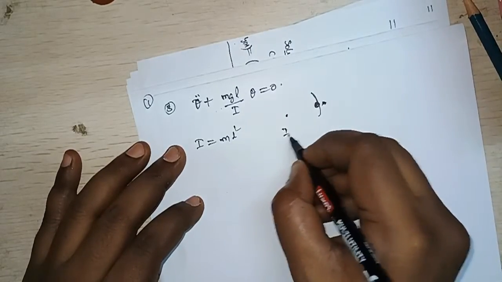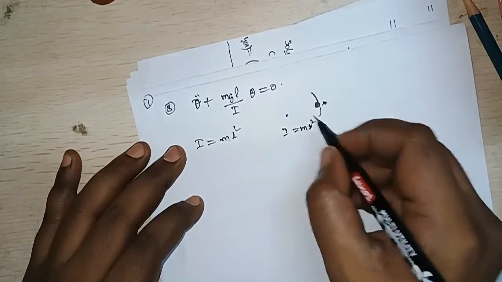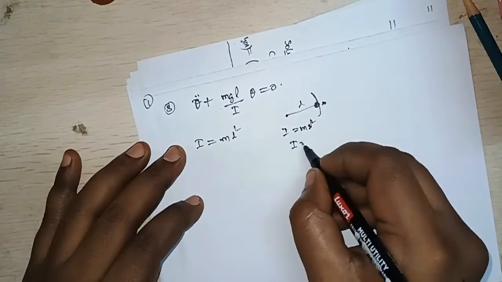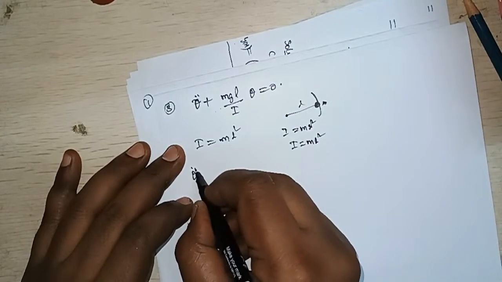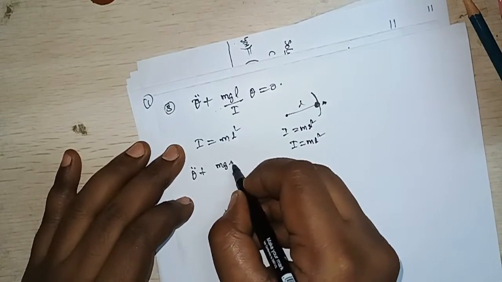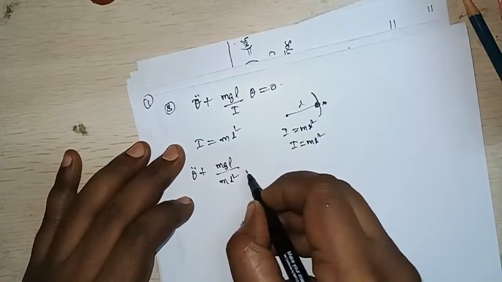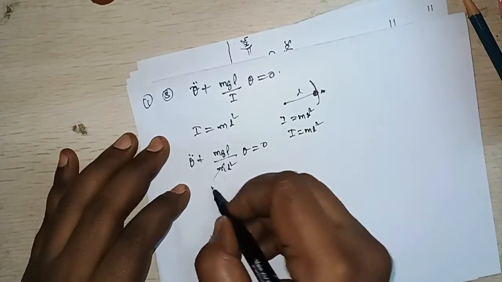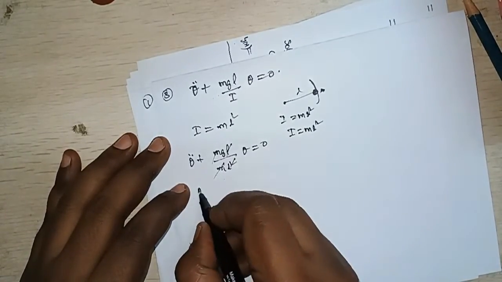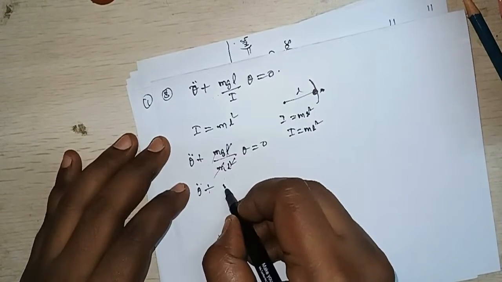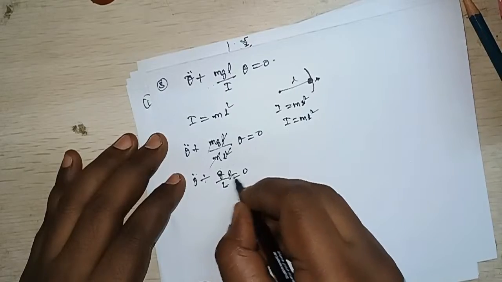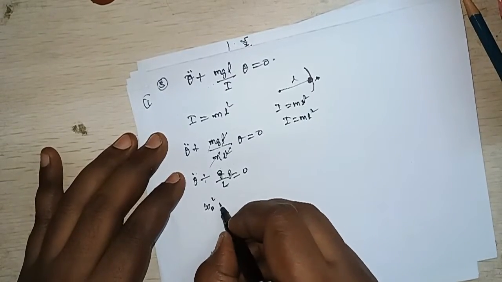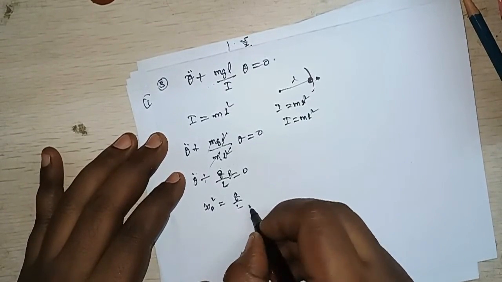So I is equal to mr square, which over here in our case is L, so I is equal to mL square. Substituting, theta double dot plus mgL by mL square of theta is equal to 0. Mass cancels, L cancels. Theta double dot plus g by L of theta is equal to 0.